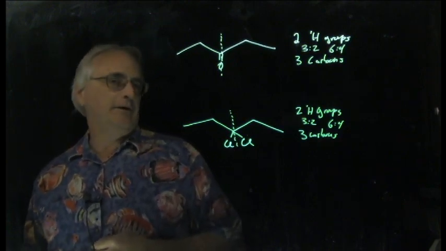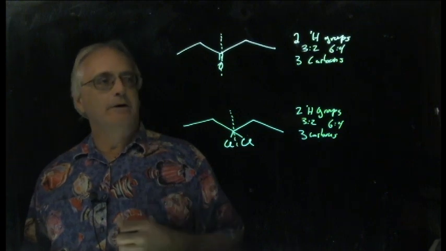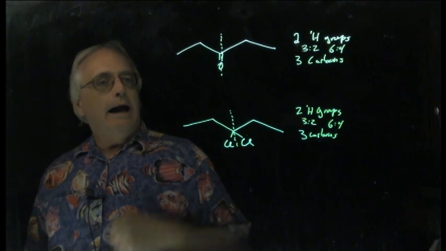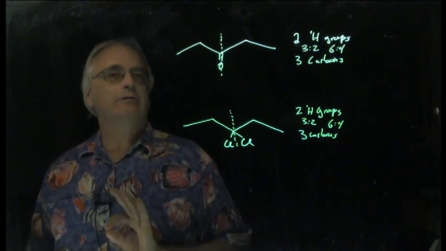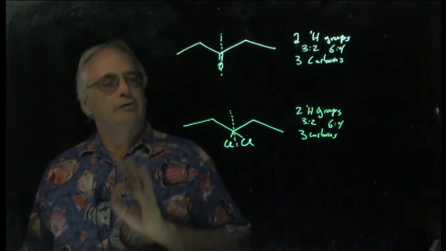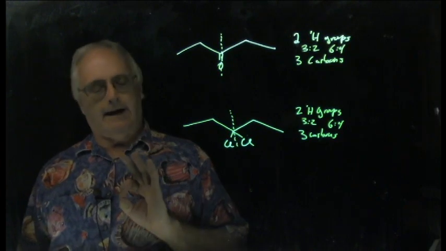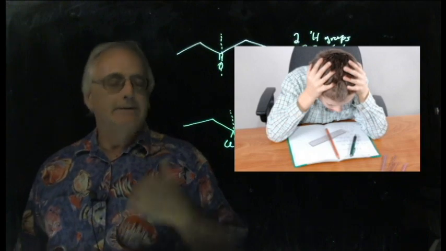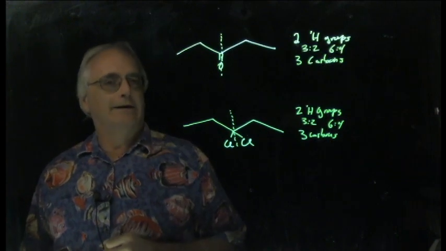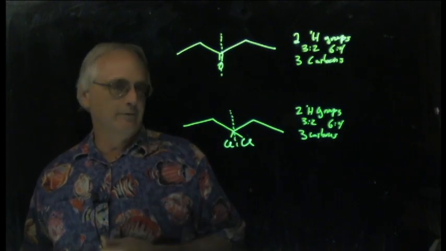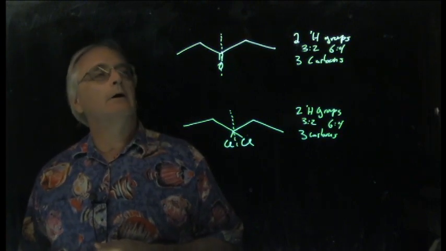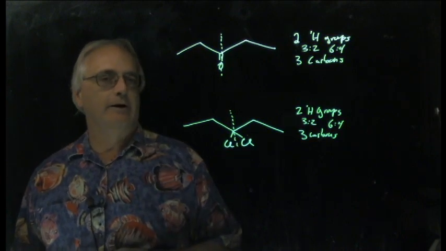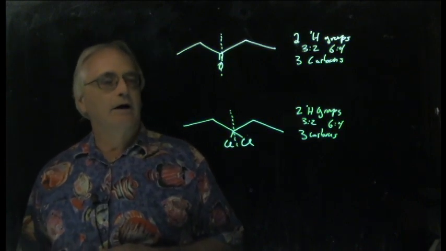That sometimes will lead to a follow-up question, and that would simply be, okay, how do you tell the difference between these two molecules? The answer is the chemical shifts will help you quite a bit. But to really nail it down, and I must admit it pains me to admit this, we have to take into account that there are other forms of spectroscopy we could do to help tell the difference between these two, especially since their proton and carbon NMR spectra are very similar.